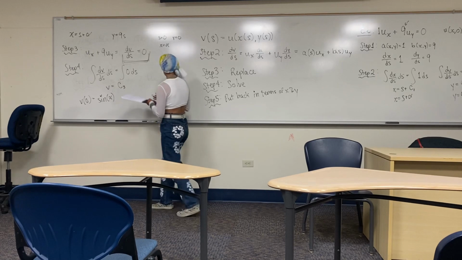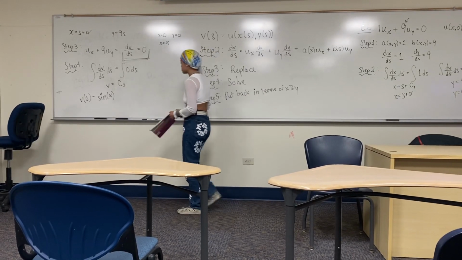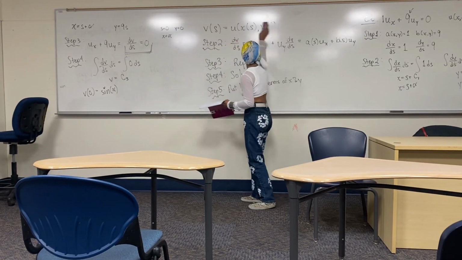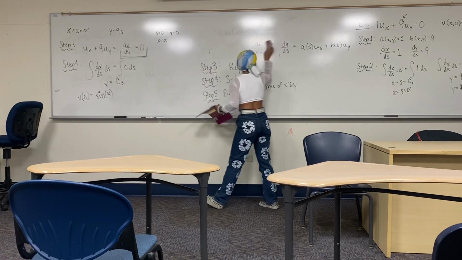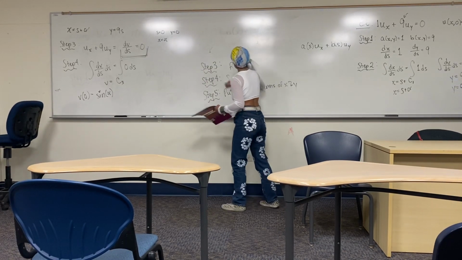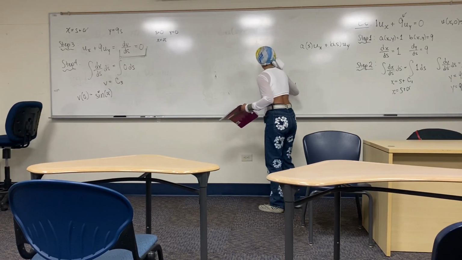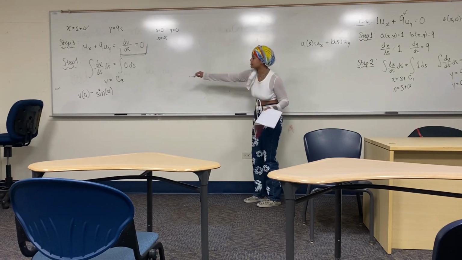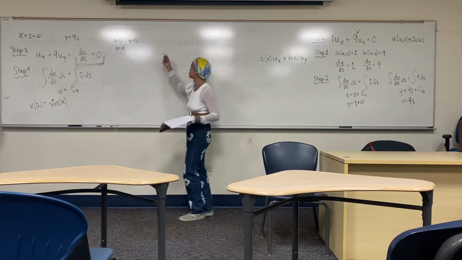And now what we're going to do, for our last step, is put everything back into terms of x and y. Okay, so when I put everything back in terms of x and y, I like to start with my y because it only has one variable.